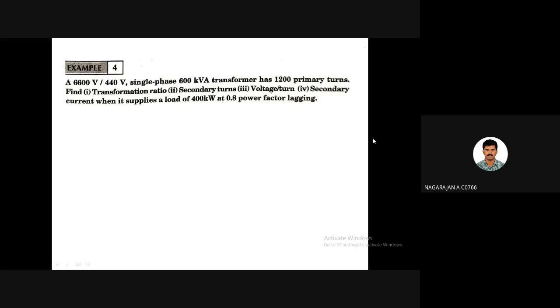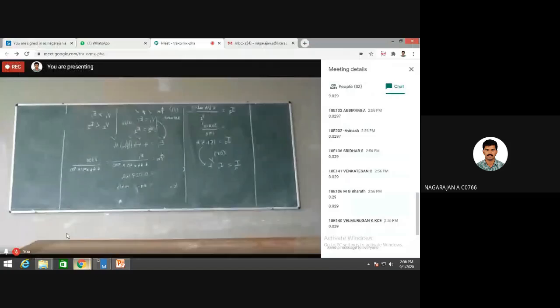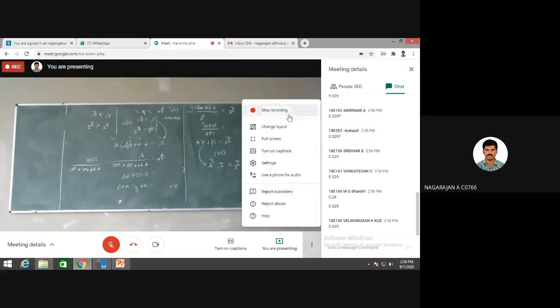I'll write the given data. Look at the board now. So what are the data given?